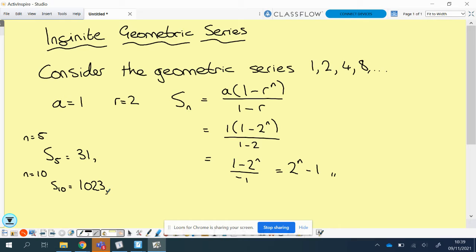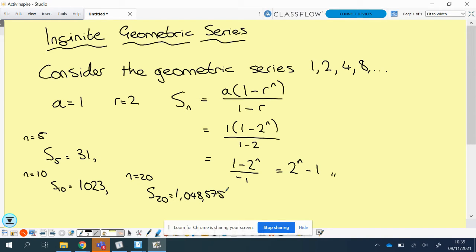And if I went up to the 20th term, n equals 20, the value of that sum would become 1,048,575. So it didn't take that many terms for that summation to go past 1 million. It only took the first 20 terms.